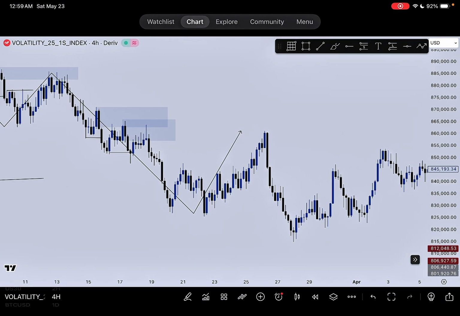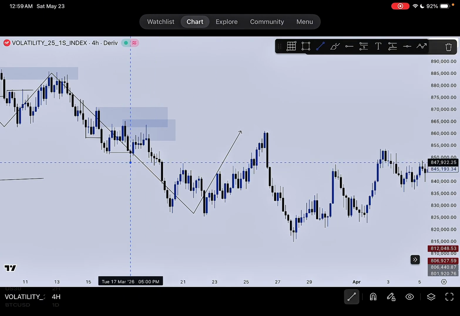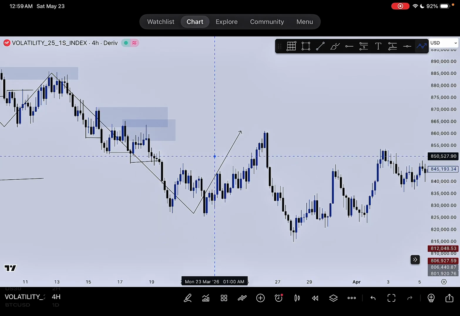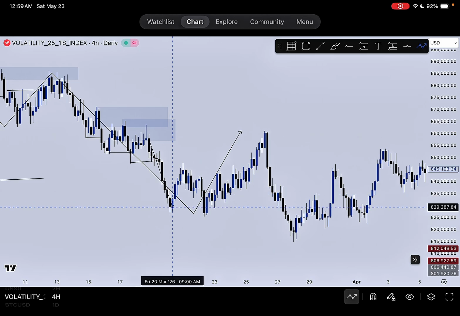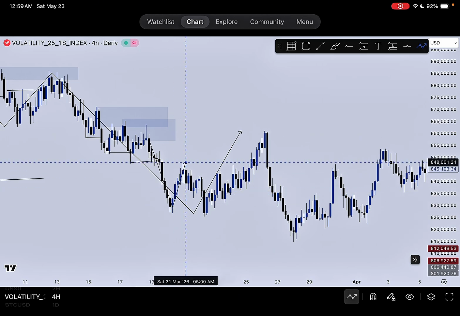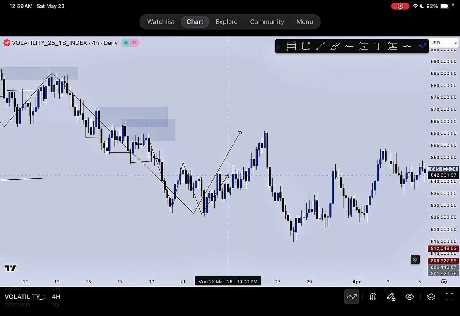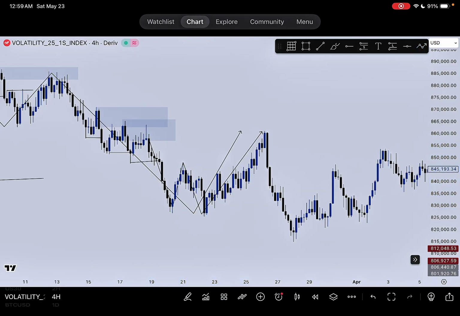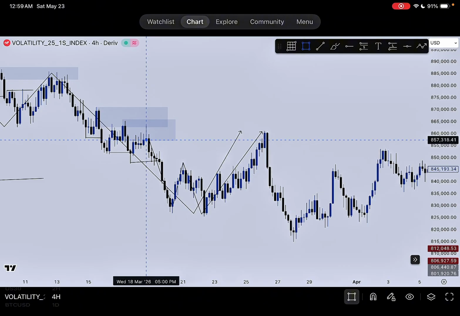What did the market also do here? Broke structure, sold down to this zone, gave us our inducement, came down before coming back here. Where did the market react from? Another order block, this order block.